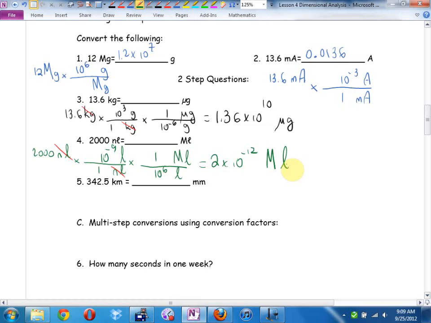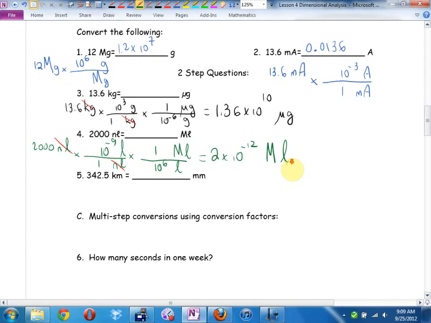Try doing number 5 on your own. Go from kilo to milli. I'll do it up here, but see if you can get there on your own. Dylan, what's the first thing I'm going to do? Write down the question. Now I feel better. It's no longer blank.